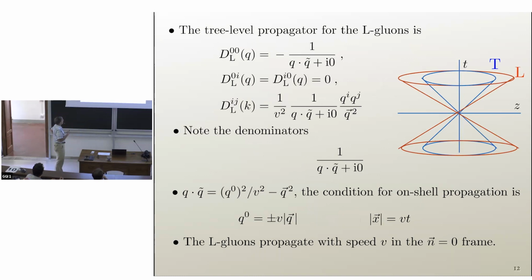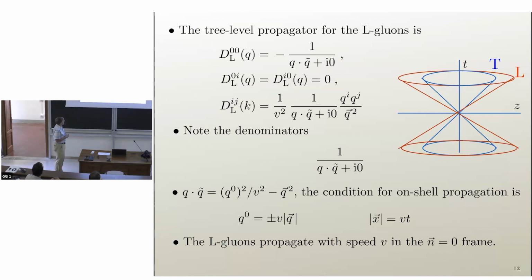And here's what the components of D_L are in the right reference frame. Minus 1 over q·q tilde for the time-time component. The space-time 0i components are 0. And the ij space-space components are 1/v², 1 over q·q tilde, and then q_i q_j over q vector squared.